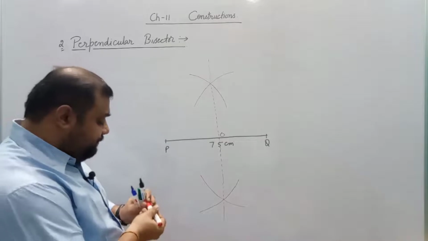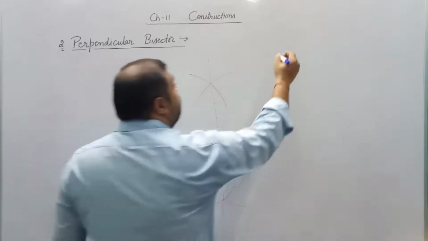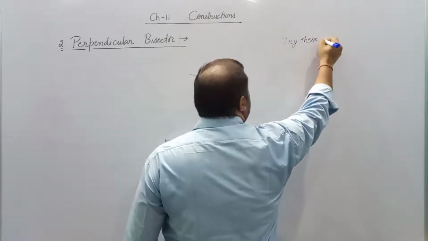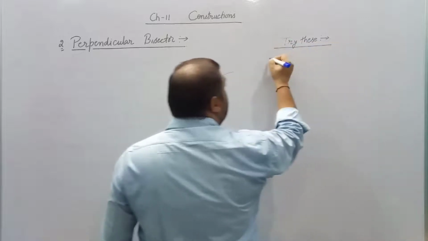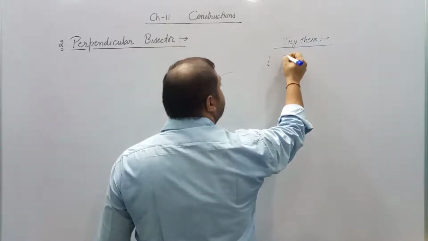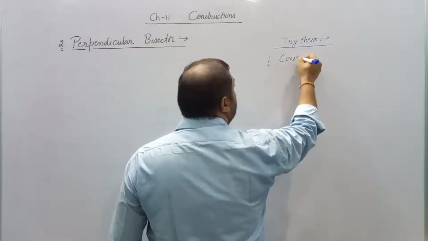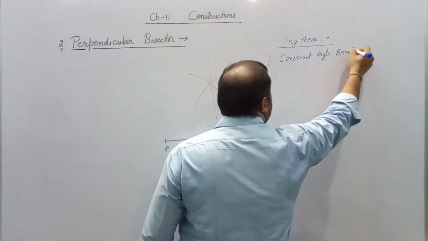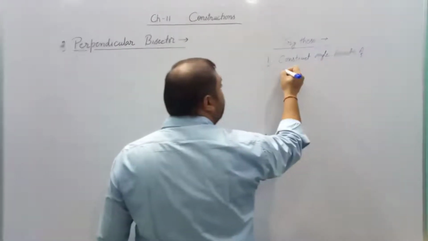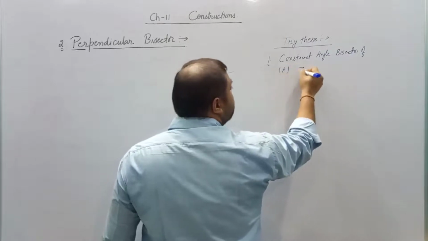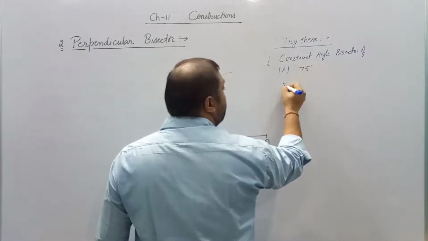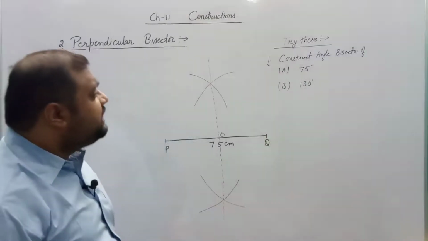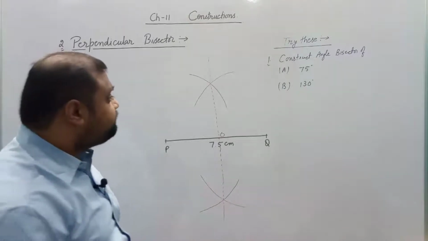Now you can also try. First, construct angle bisector of A, 75 degrees, B, 130 degrees. You can also make these angles by using a protractor.